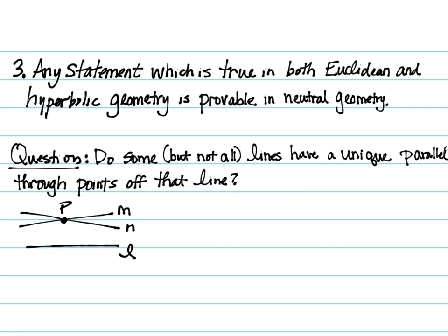So the question is, does it always happen like that? If I take a particular point P, will there always be more than one line through P parallel to L? Or are there some times when it's unique? Is there some time when there's really a line L and there's only one line parallel to it in hyperbolic geometry?